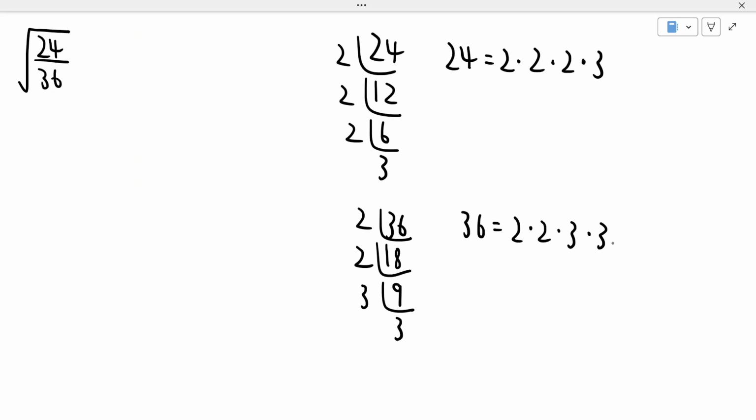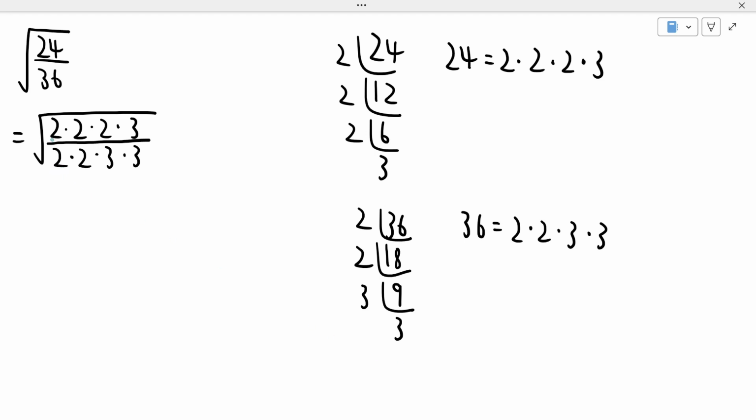So now what we can do is rewrite the fraction inside the square root, and we can rewrite 24 as 2 times 2 times 2 times 3, because that's the prime factorization of 24 we just found, and the denominator of 36 becomes 2 times 2 times 3 times 3, because that's the prime factorization of 36 we found. So now we can see some common factors in the numerator and denominator that we can cancel out.